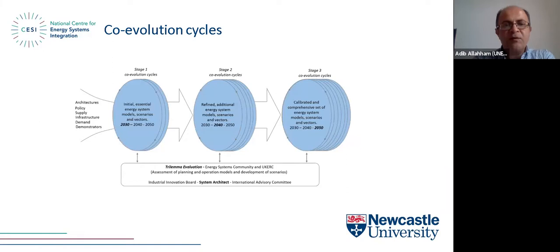As you know, this work is within the framework of the CESI projects, and within the CESI project we have what we call the co-evaluation cycle. In our work in CESI we always consider architecture, policy, supply, infrastructure, demand, and demonstrators, and we have three stages of co-evaluation. In the first one, we need to establish the scenarios, establish the small case study, learn from this case study, and apply it to future scenarios until 2030.